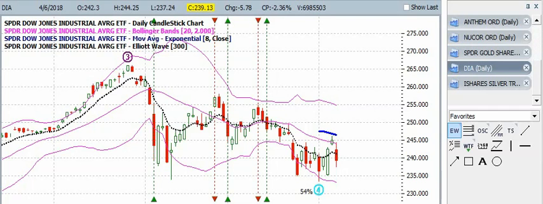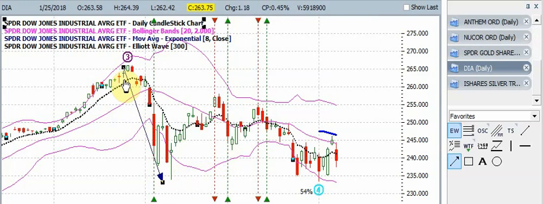Hello, I'd like to recap the progress of DIA, which is the ETF that we've been using that tracks the Dow 30 stocks. What I have noticed being played out is a pattern called the Zigzag, which is a three-wave pattern.